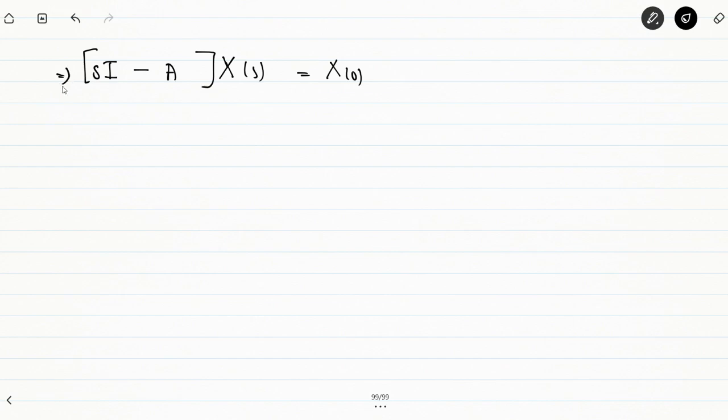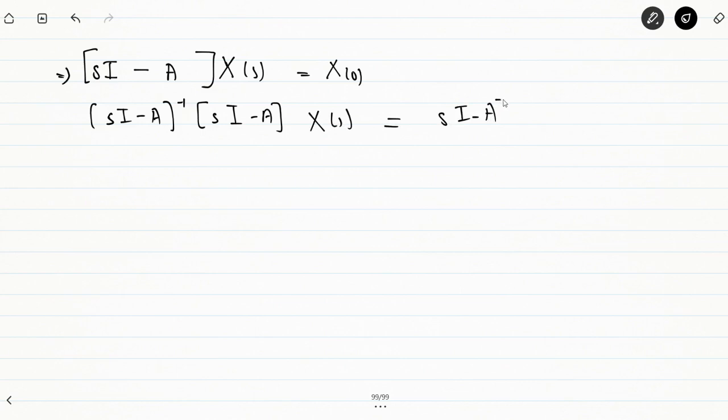Since these are matrices, we are taking x of s post common, pre-multiplying both sides by sI minus a inverse. sI minus a inverse into sI minus a x of s is equal to sI minus a inverse into x of 0.